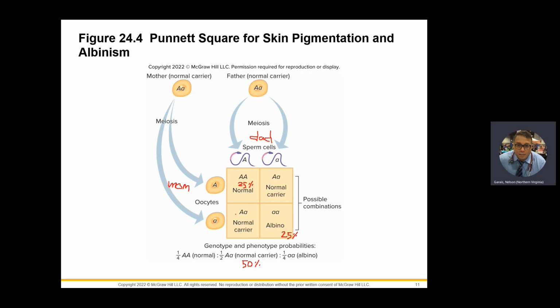Mommy is also a carrier, but 1/4 or 25% of their offspring is going to be perfectly normal, no issues, and no carrier genotype because it's capital A, capital A. But 25% of them will have the disease, lowercase a, lowercase a. That's albinism.